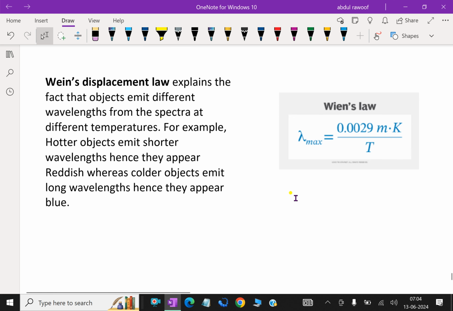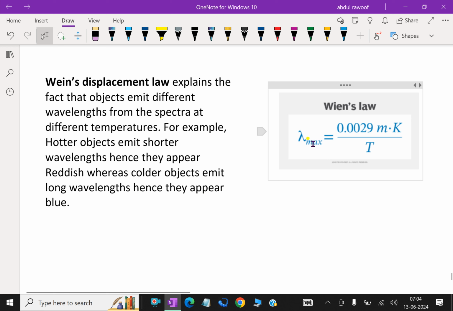Wien's displacement law. It explains the fact that objects emit different wavelengths in their spectra at different temperatures. That means if temperature changes, the radiation's wavelength also changes. For example, hotter objects emit shorter wavelengths, hence they appear blue, whereas colder objects emit longer wavelengths, hence they appear reddish.